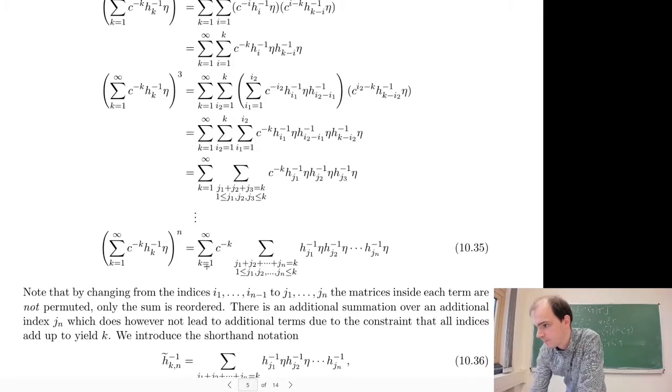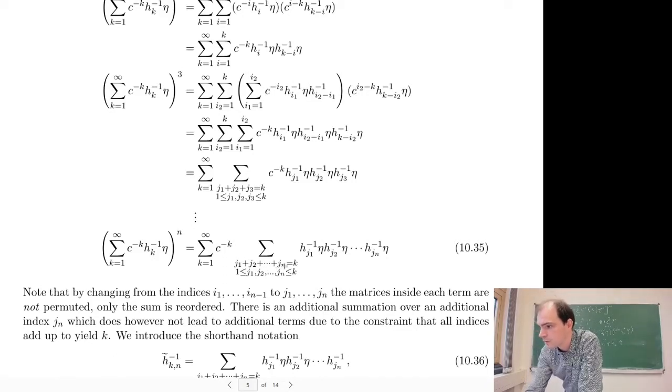You get a sum where k runs from 1 to infinity with coefficient c to the power minus k. So this is exactly the expansion in powers of 1 over c that we want. And then the coefficient you get at every order is a sum over j1, j2 up to jn.